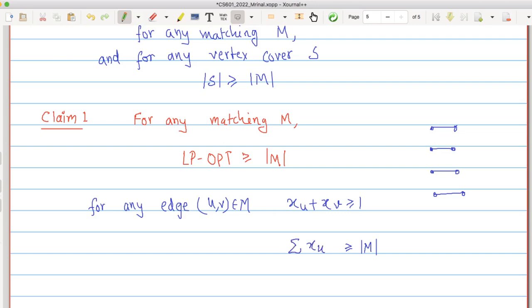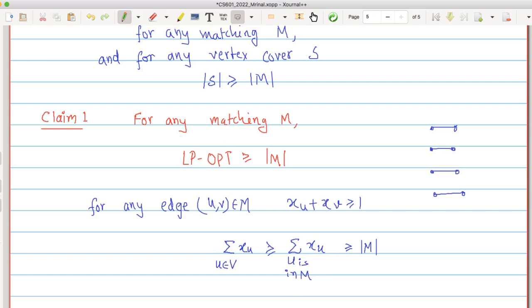So in particular, you can say that this is upper bounded by the sum over all vertices, right? So that gives a lower bound.